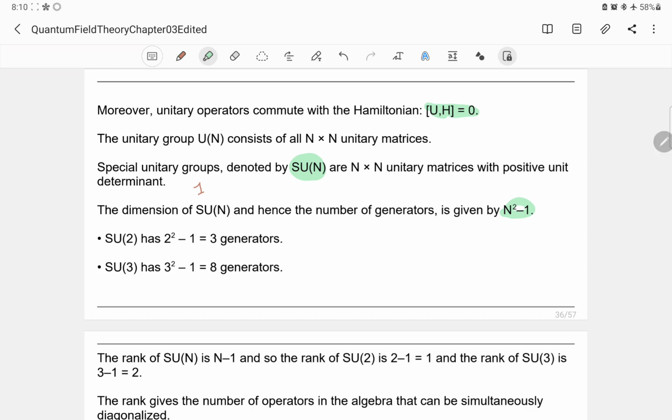And by the way, you will know later on, SU2 has 3 generators, and this represents the 3 gauge particles of the electroweak theory, and the 8 generators of SU3 represents the 8 gauge particles of the strong interaction, and these are just the gluons.